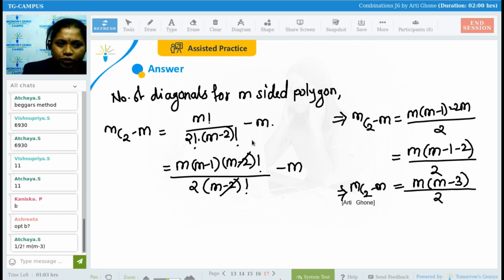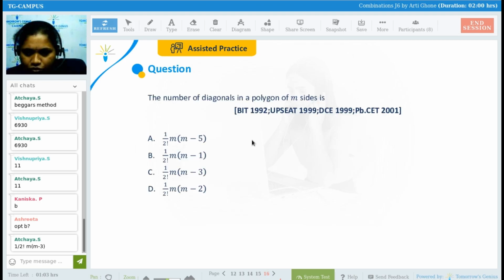Minus plus. Don't get confused in minus plus. So it's m into (m minus 3) upon 2 factorial. 2 is nothing but 2 factorial also. You can write that in that way also. So C is the correct answer. Clear?